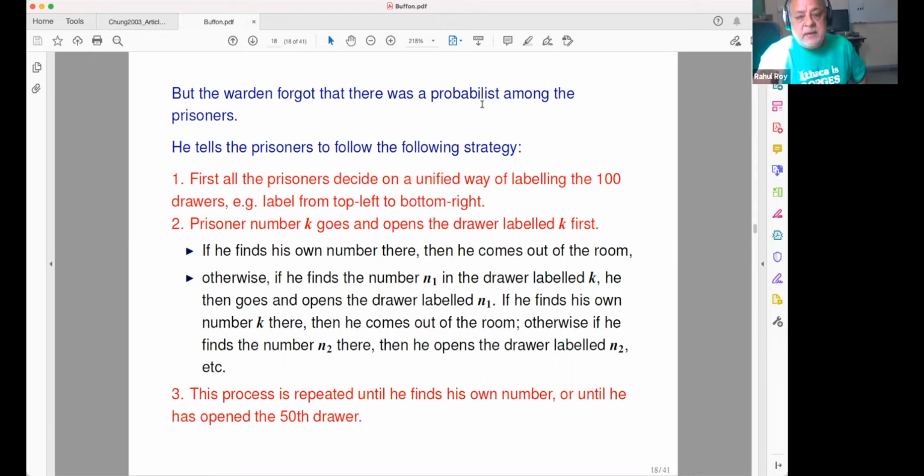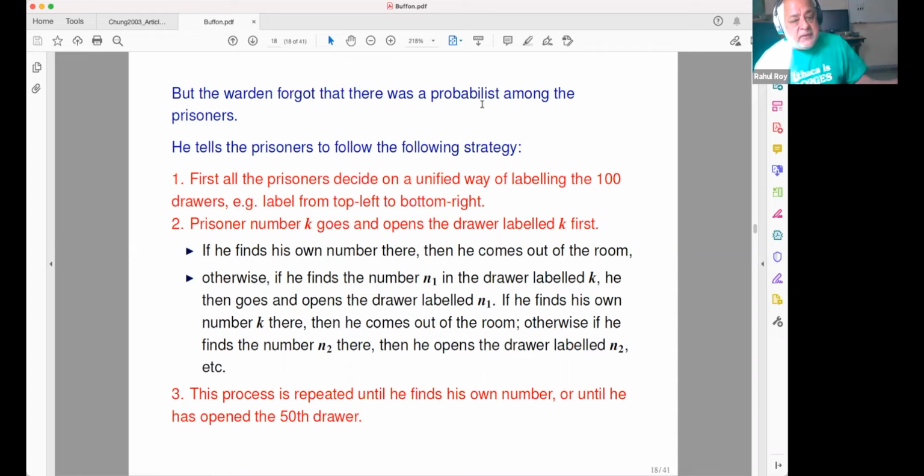Otherwise, he finds a number N1 in the drawer labeled K. He then goes and opens the drawer labeled N1. In other words, the random number in the drawer labeled K, which we call N1, tells him to open the drawer labeled N1. If he finds his own number there, then fine.